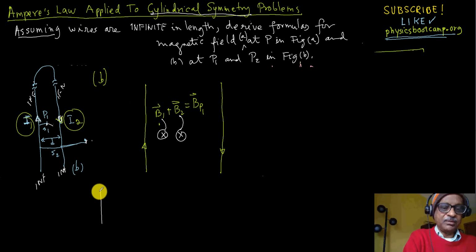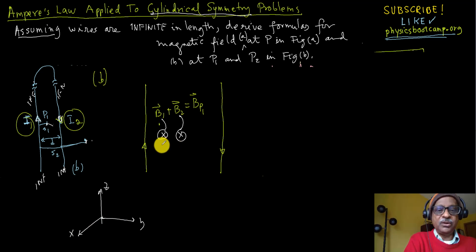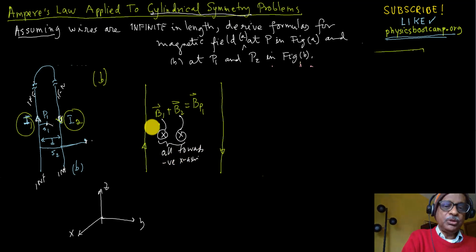If I take a coordinate system, z and x is coming out, and y is like this. So this is all with respect to that. They'll all at this point be towards the negative x axis.